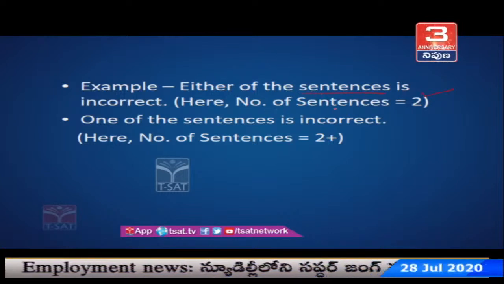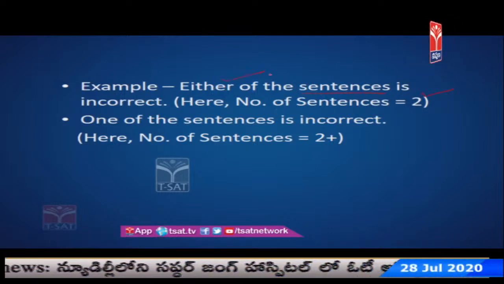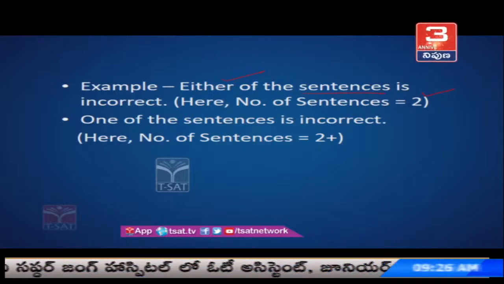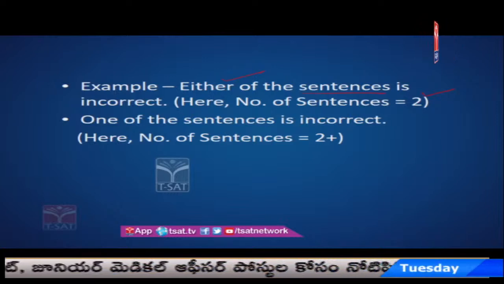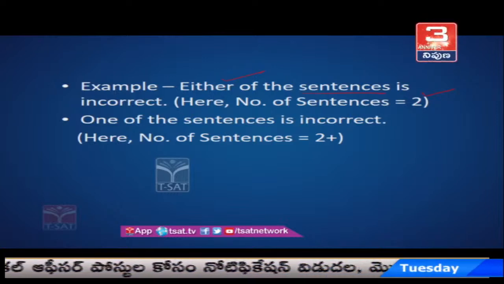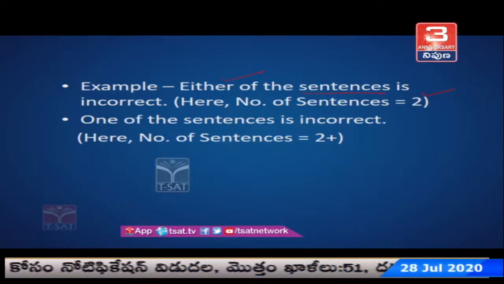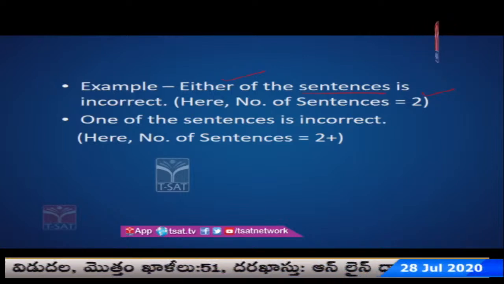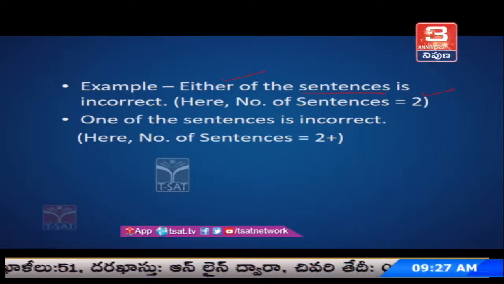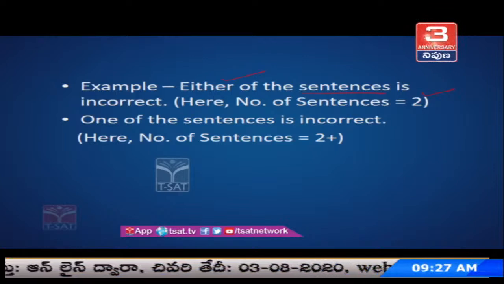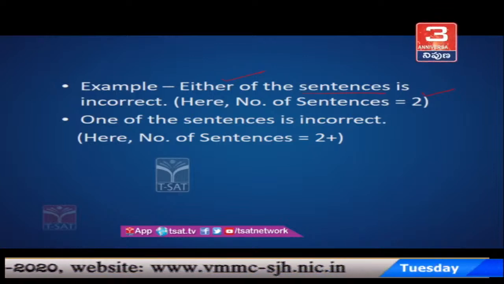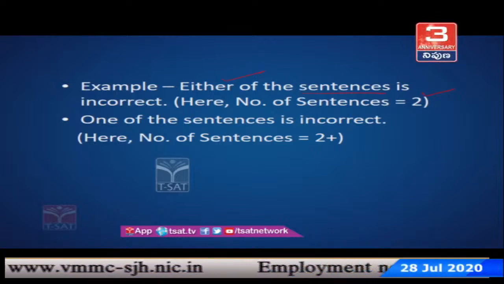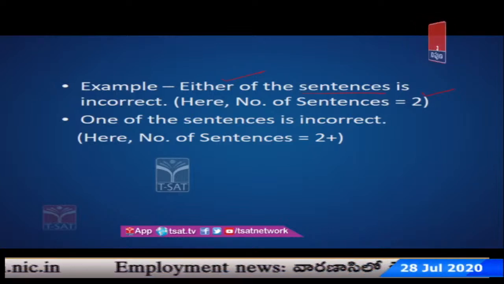Out of two sentences, either, that means one of the sentences is incorrect. One sentence is incorrect. It can be one sentence, it can be two. Out of two sentences, either of the sentences is incorrect. That means both the sentences are incorrect.